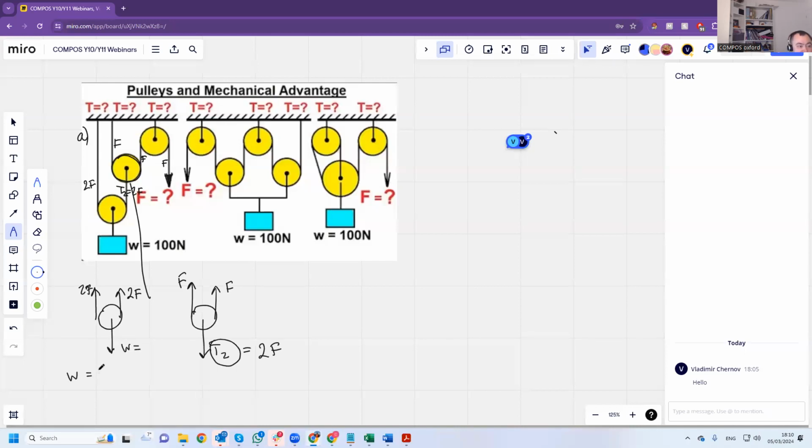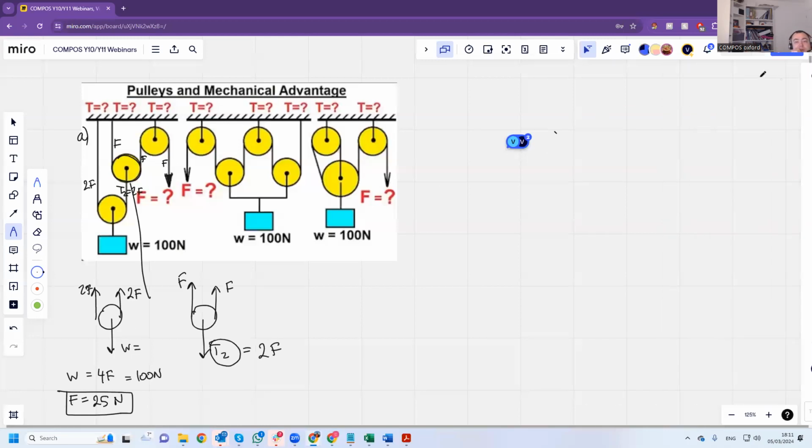So the weight is equal to 4F. So F is equal to 25 newtons, because the weight is 100 newtons. Does that make sense? On a scale of 0 to 10, do you understand how to find F in the first scenario?